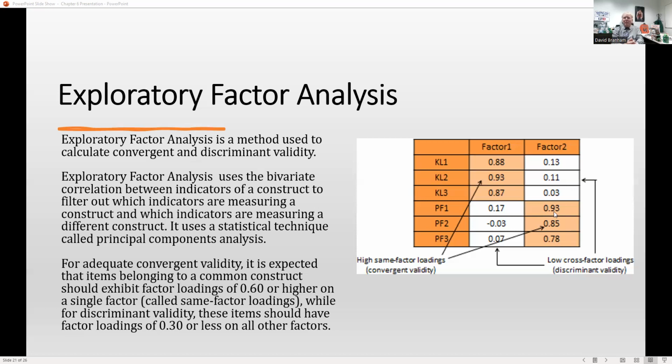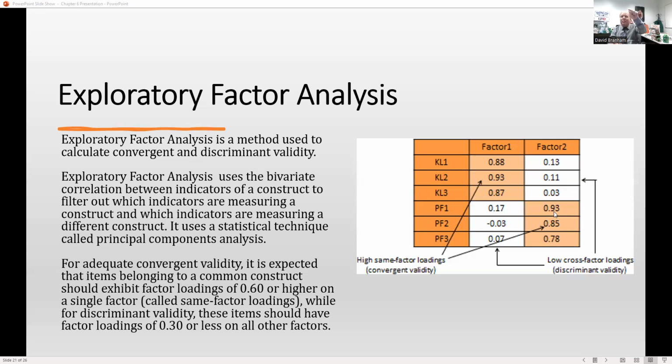So it could be that factor 1 is quantitative intelligence, and factor 2 is logical intelligence. That would make a lot of sense, that you're measuring two different types of intelligence with this factor analysis. So you have to look at your indicators and say, this is the construct I'm measuring with these indicators.